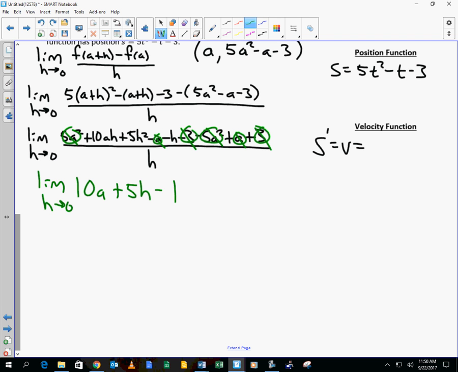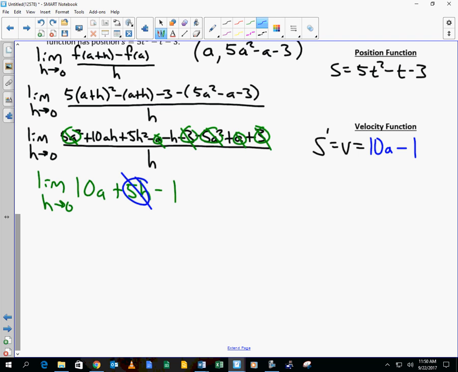Can I then plug in 0 for h? What happens when we plug in 0 for h? Instead of coming up with a numerical answer, you get an algebraic expression, 10a minus 1. That's your rate of change function. That's the derivative. Instead of expressed as a number, it's expressed as an expression.